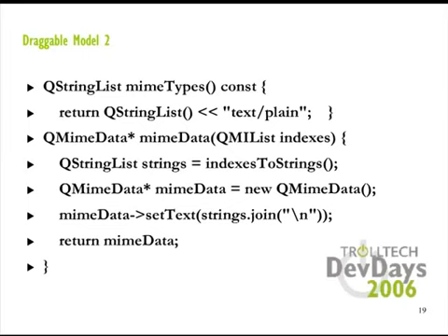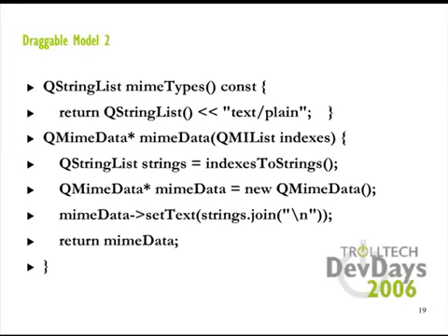And the second method you have to implement is mimeData, which actually packs all your data inside a QMimeData object, which is the object Qt uses to move data around when you press the mouse and drag and drop. So I have an indexes to strings here. There are 5 points for anyone who can figure out what that does.